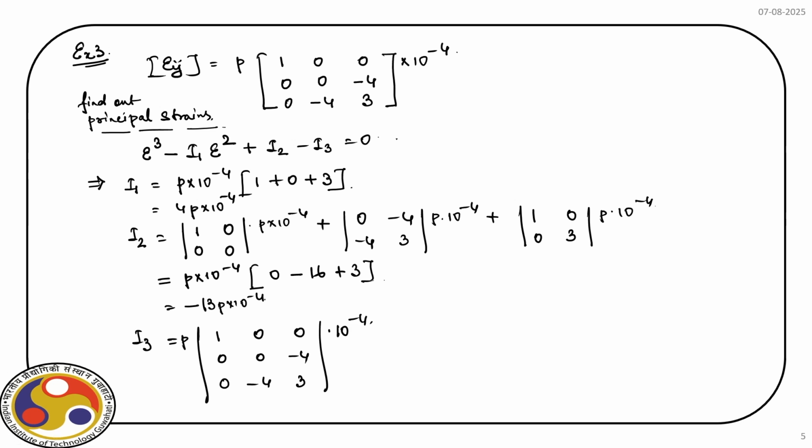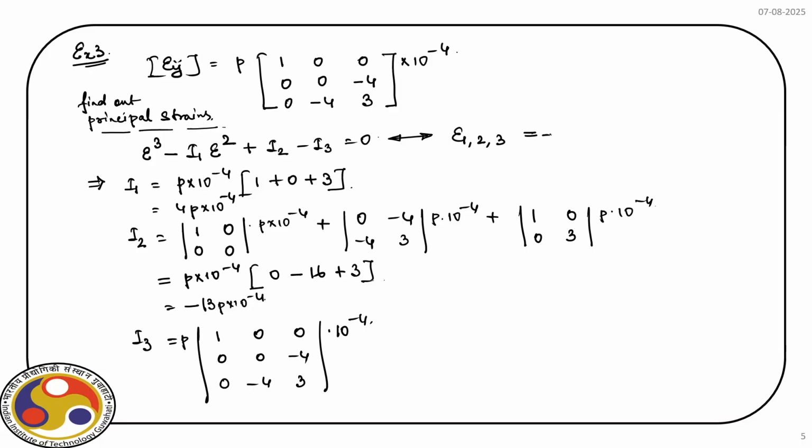Now, if you put that back in this equation and solve for epsilon 1, 2, 3, again it is very simple. We have already solved a similar example for 3D stress. You can get the values of the principal strain.